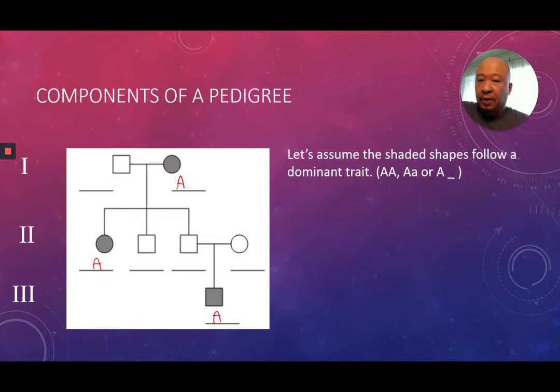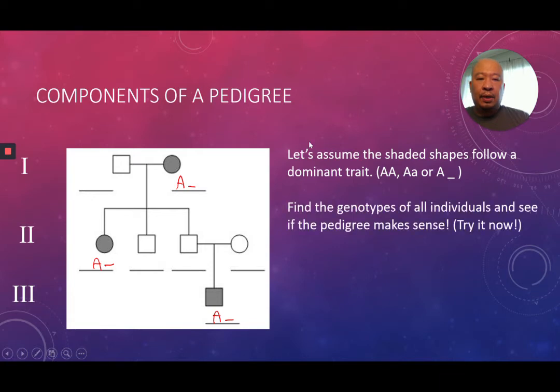So in this case, let's put a blank. That blank could be for a big A or a small a. It wouldn't matter just yet because the phenotype would still be the same. It would still be dominant.